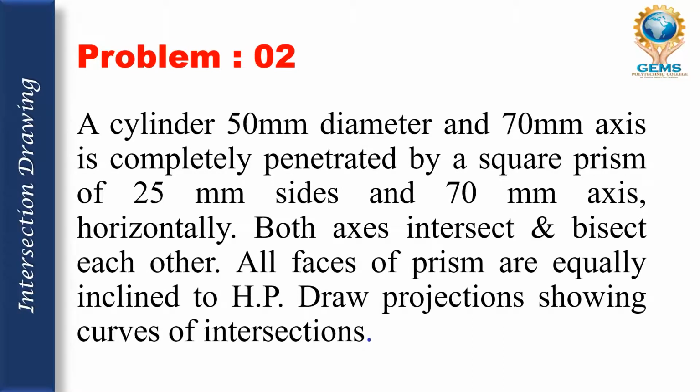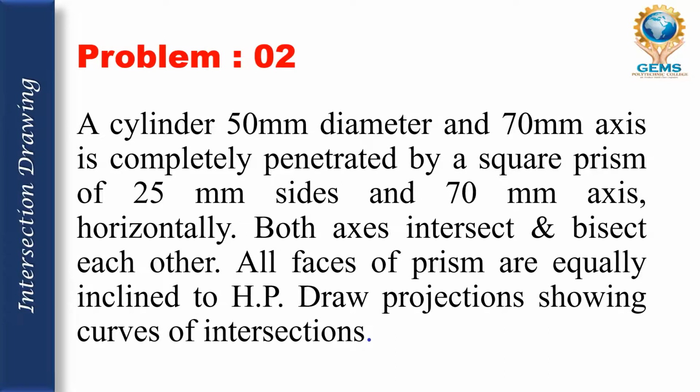As I have told in previous sums, whenever you get a problem in a exam or drawing or whatever it may be, make a habit of writing the given data. Take the data separately, read the sum line by line and write the given data. Here the given data: number one is the cylinder, the first shape I am going to draw.